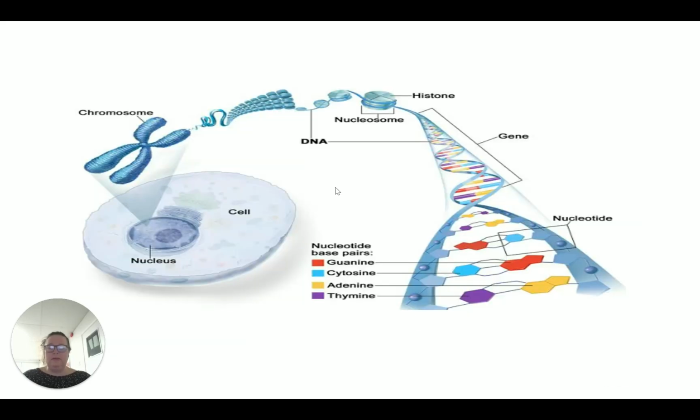Just before we do that, I want to check you know about sizes and what fits where. So if we have a look here, here we've got our cell, and inside our cell we've got our nucleus. Now inside our nucleus we have chromosomes.